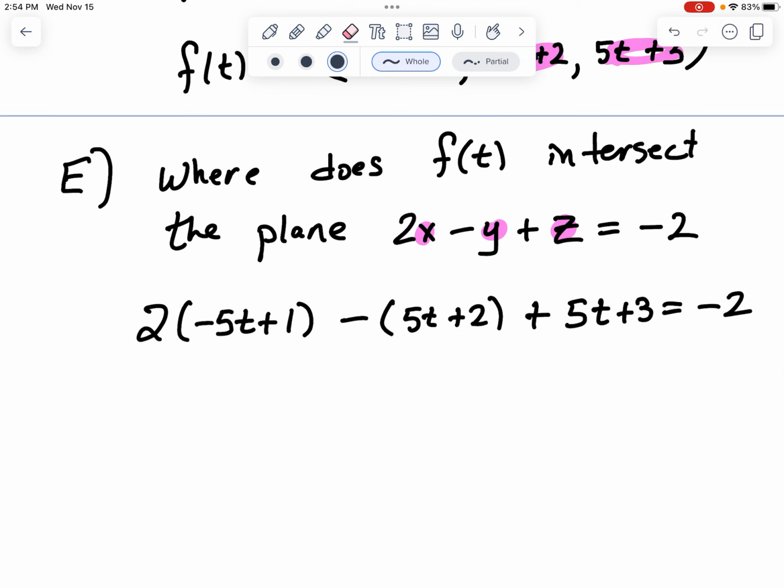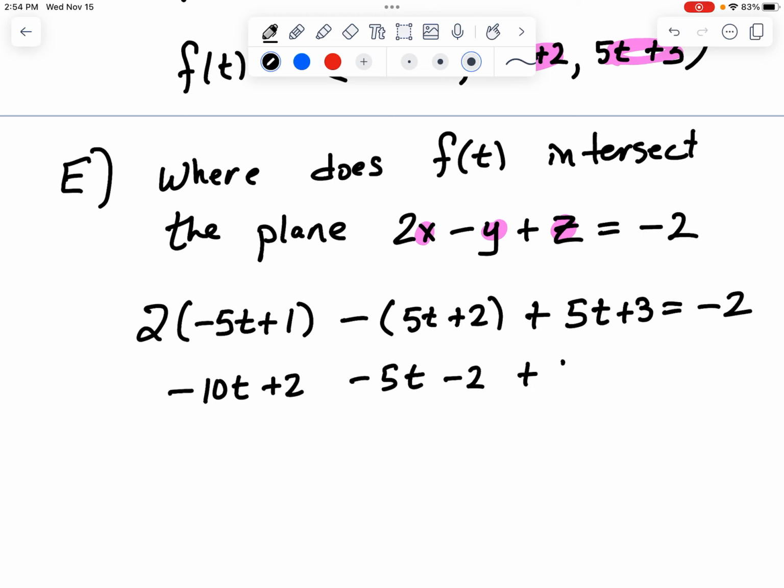So we've got -10t plus 2, -5t minus 2, plus 5t plus 3 equals the -2. And we could do things like cancel, cancel, cancel, cancel. That worked out pretty nice.